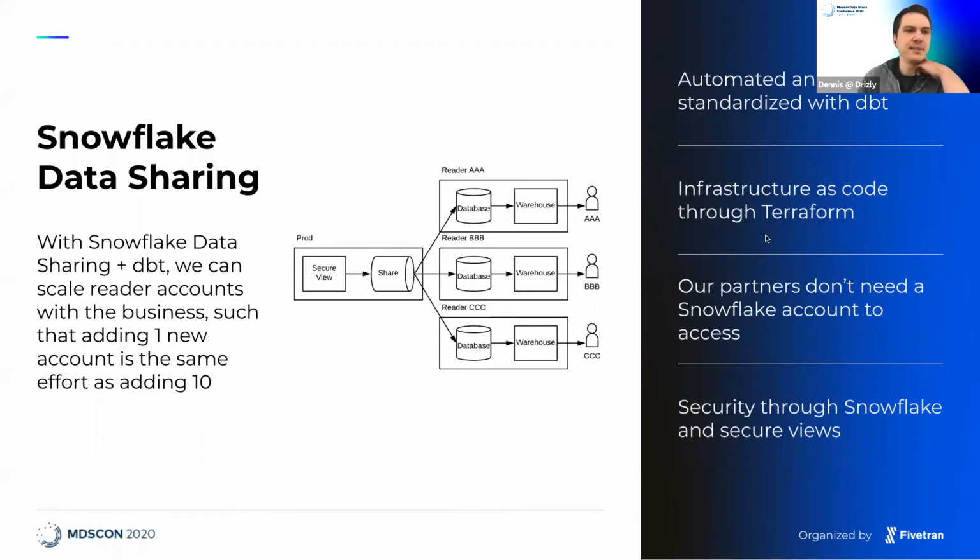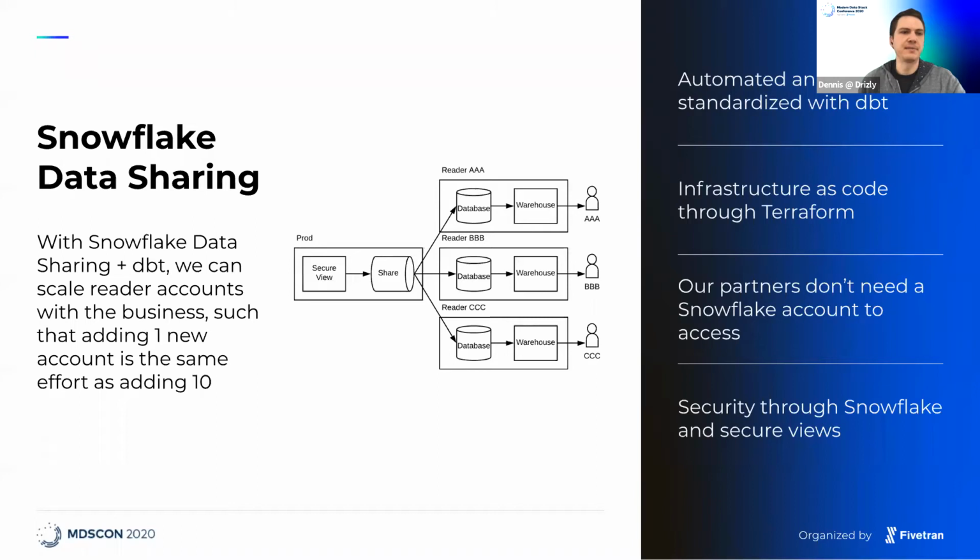So using DBT and Snowflake, we could take advantage of Snowflake reader accounts. Snowflake reader accounts are kind of just little mini versions of your Snowflake infrastructure that are read-only, but have access to a subset of your data. And then using that with DBT, we could keep all of our transformations in one place, and then just with effective tagging and post hooks, make data available to the partners that are interested in particular models.